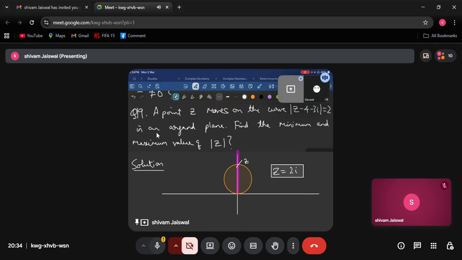If you have done circles chapter with me, this is like a piece of cake. Okay, so everyone see, a point z moves.